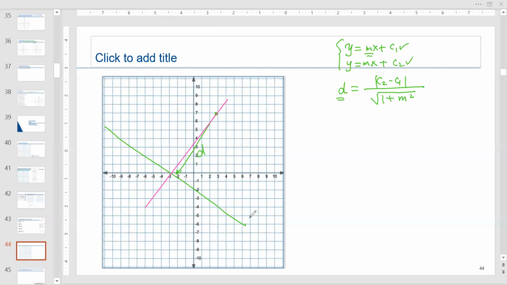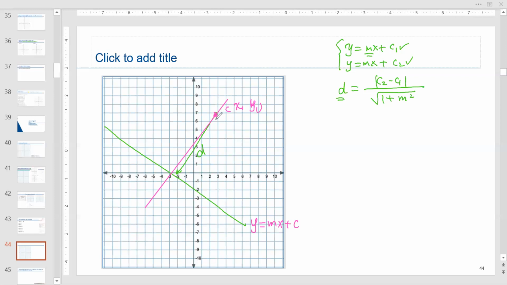So if they told you, say, the initial line is y equal mx plus c1, okay, just plus c. All right, another dot is here, we say x1, y1. So what do we need to find the distance?